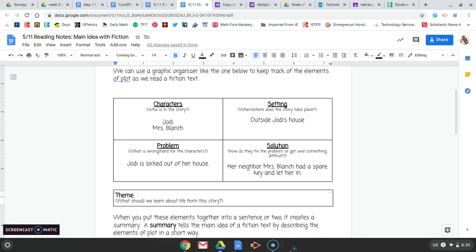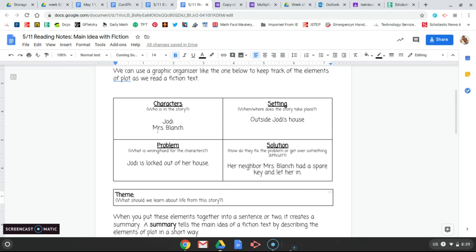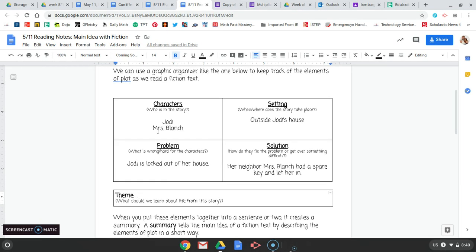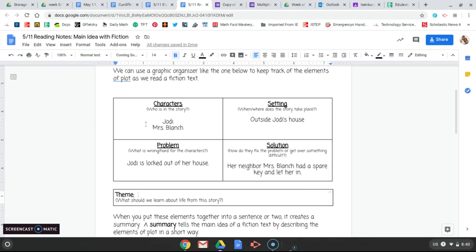A girl named Jody. Now, notice I didn't say Mrs. Blanche yet, right? Because she didn't show up until the very end, so I shouldn't mention her until the end of my summary. We want to keep it in order. So I could say it's about a girl named Jody who is locked outside of her house, because that covers the setting and the problem.